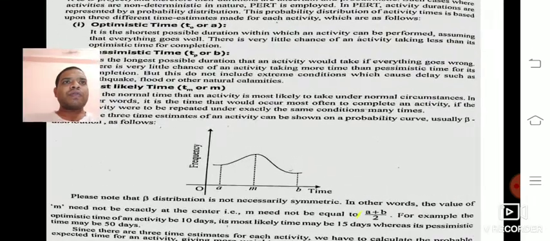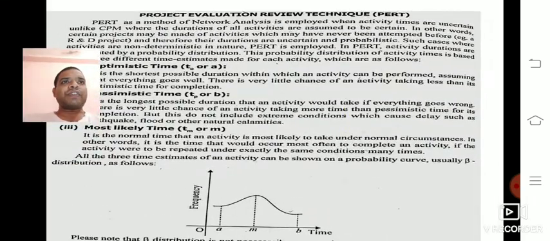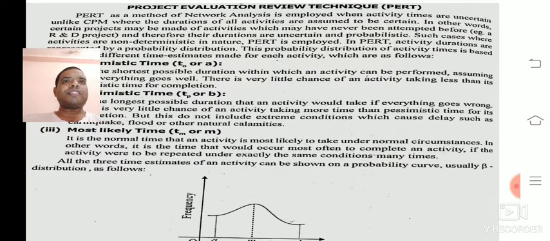Now what do we mean by Project Evaluation Review Technique, and what is the difference between PERT as well as CPM, that is the critical path method? See here, both techniques are used to find out the project duration, but the difference is that we use the critical path method where the durations of the activities are certain.